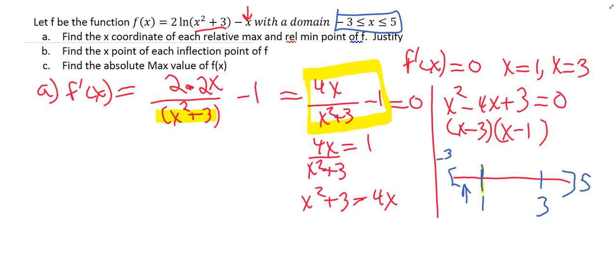We can use any form of the derivative that we want. If we plug in 0, we get 0 on top over 3, which is 0, and 0 minus 1 is certainly going to give us a negative value there. So the graph is decreasing there.